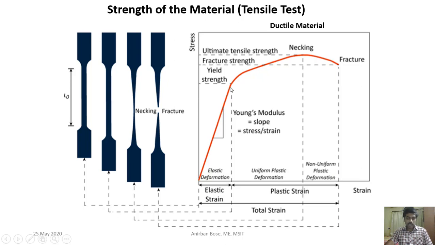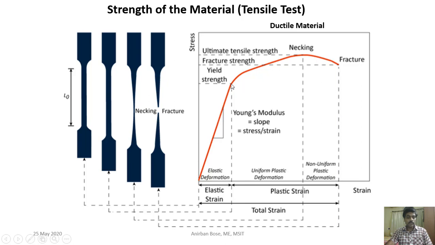So in those cases, corresponding to a particular strain value, which is called a set, a line is drawn parallel to the origin of the stress strain diagram, and that line cuts the stress strain diagram at a point called the proof stress, and this point is taken as the yield strength. As you already know, yield strength is the point from which we can consider that the material will not further behave as an elastic material.